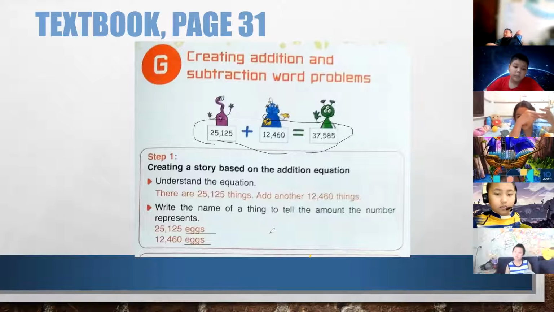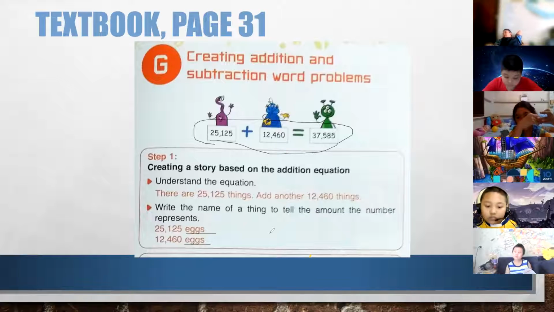So you can make your own word. That's how to create a story and write the name of a thing that you like to tell the amount the number represents.